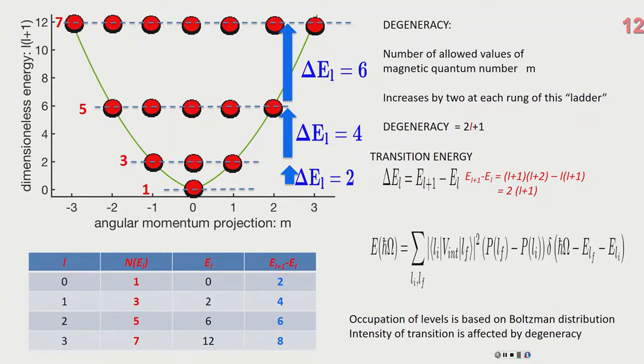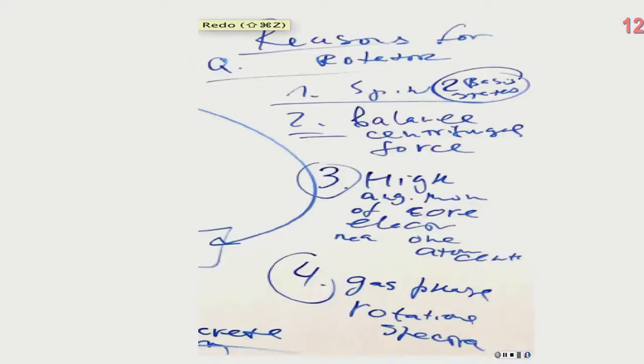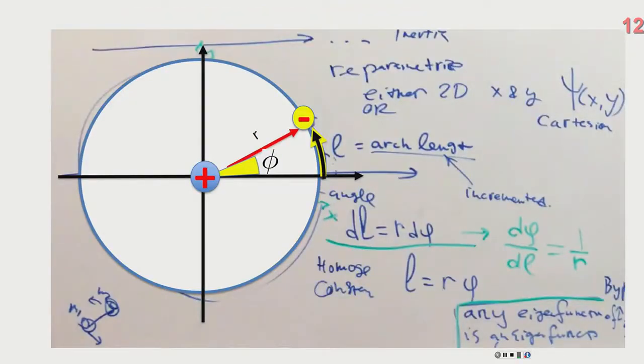So you will see this table again. Quantum description of rotation is challenging. We do not have time to do it fully.